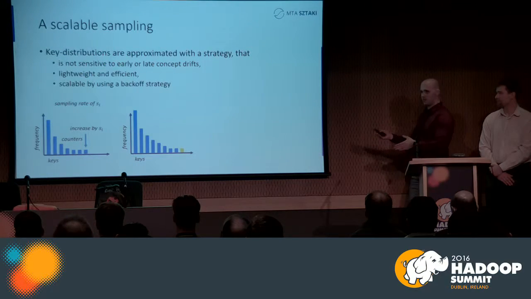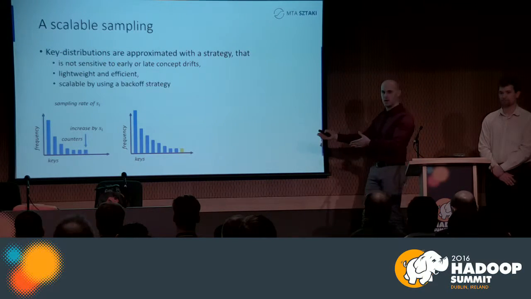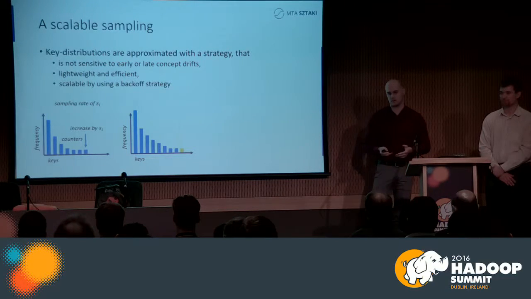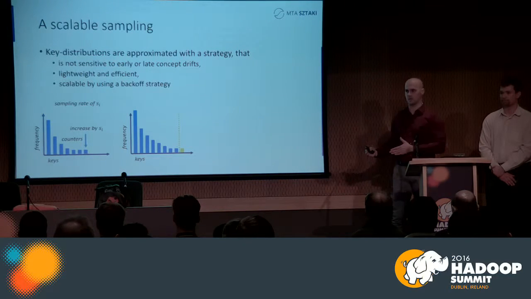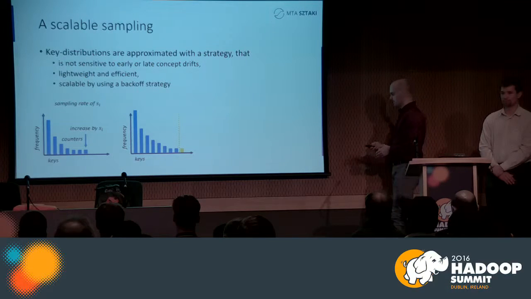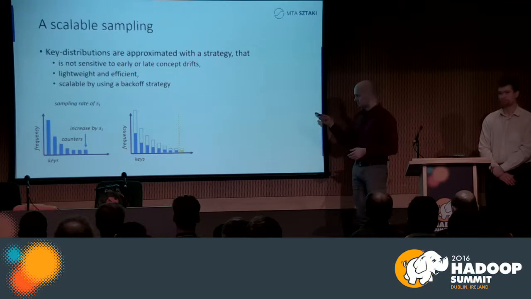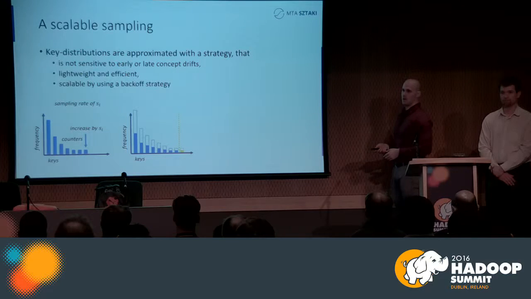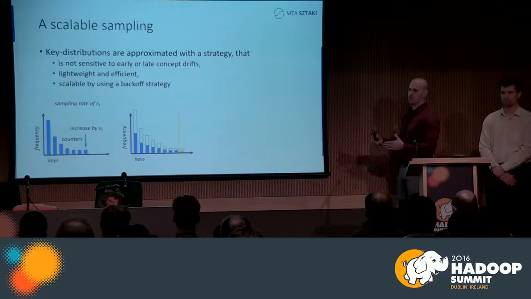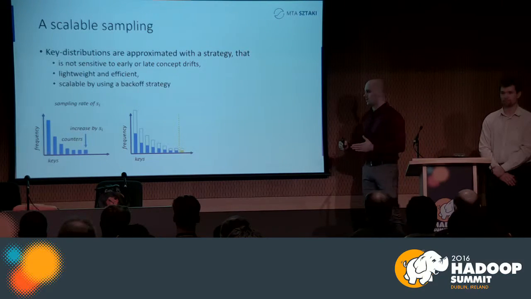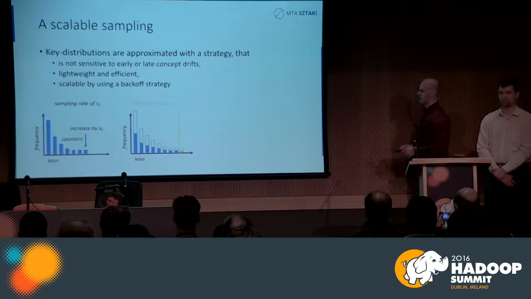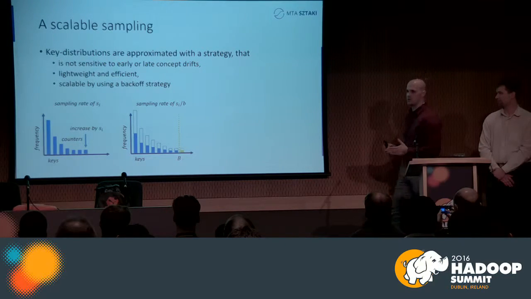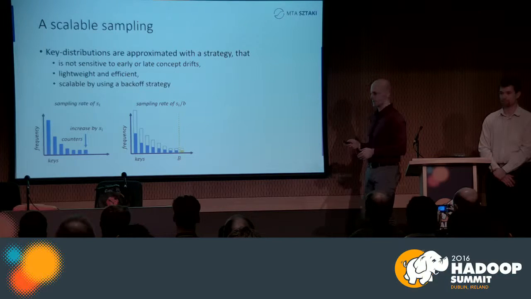So if we see that we would add a counter over a light boundary, we are going to use our backup strategy, and with a multiplicative factor, we are going to reduce each frequency, and then with the same factor, we are going to reduce the sampling rate as well.